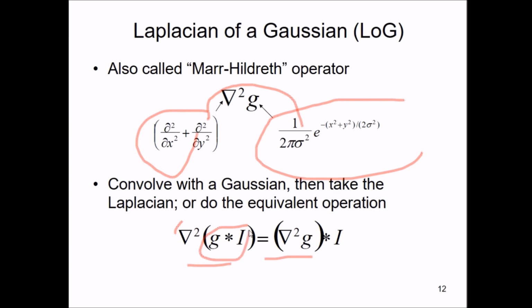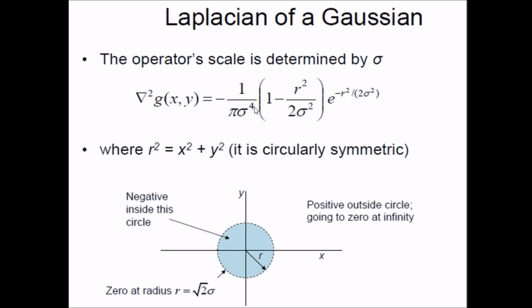We can apply this convolution and then apply the Laplacian, or rather you can apply the Laplacian directly to G and then convolve with the image. For this Laplacian of Gaussian, the operator scale is determined by this sigma. So when you change this sigma, the scale will change, as we suggested that we need an edge operator working on different scales.